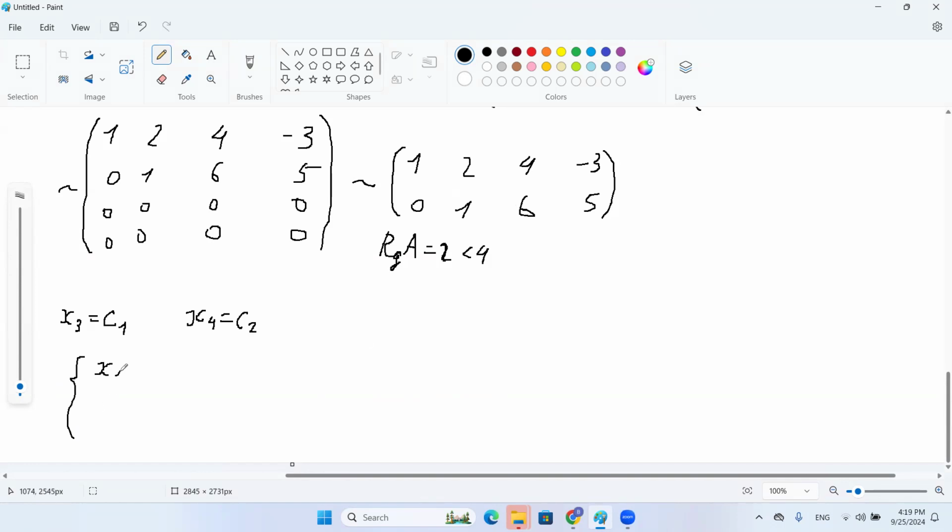That's a good question. x1 plus 2x2 plus 4c1 minus 3c2 equals 0, and let's write here for readability, x2 plus 6c1 plus 5c2.